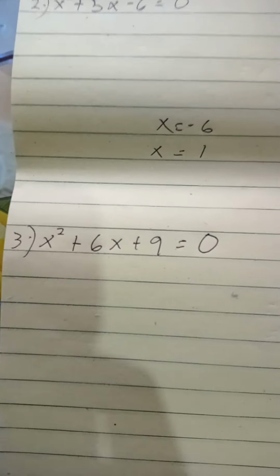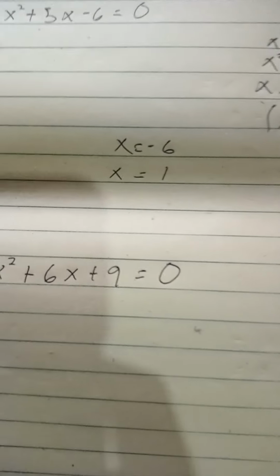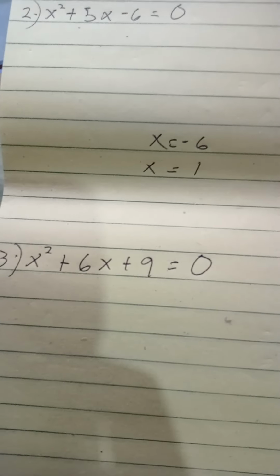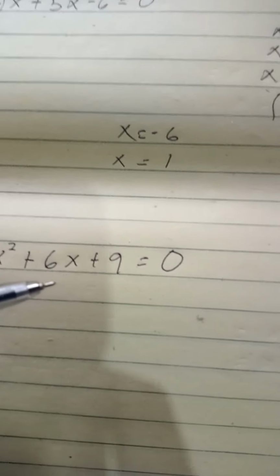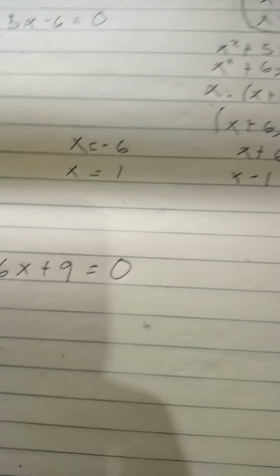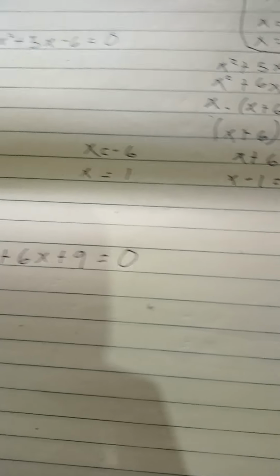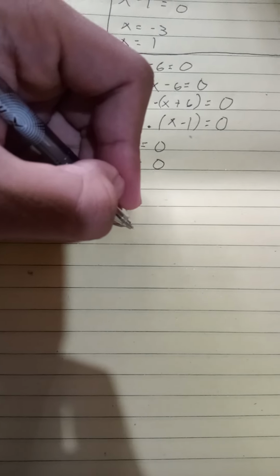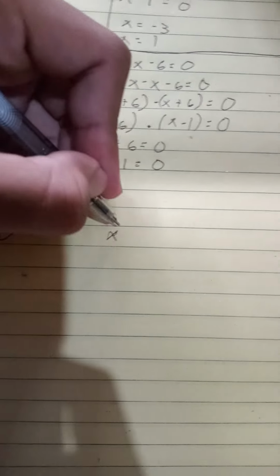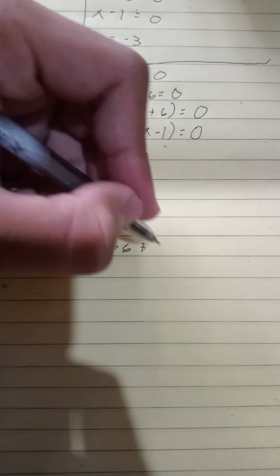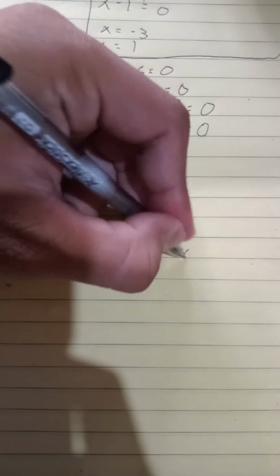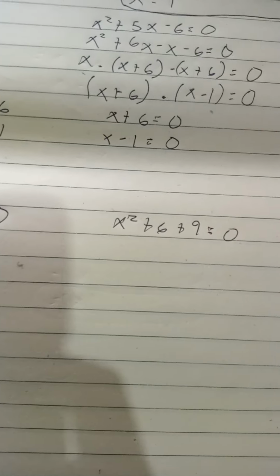Then number 3. Our next question here is x squared plus 6x plus 9 equals 0. Then what we must do here is factor the expression. So it would be x squared plus 6x plus 9 equals 0. Then set the base equal to 0.